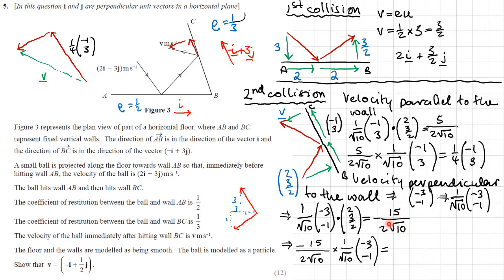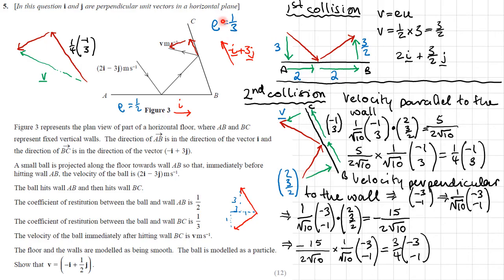Multiplying this number with the unit vector, which is perpendicular to the wall, that gives us 3/4 of negative 3, negative 1. Now that is this velocity here, the incoming velocity.